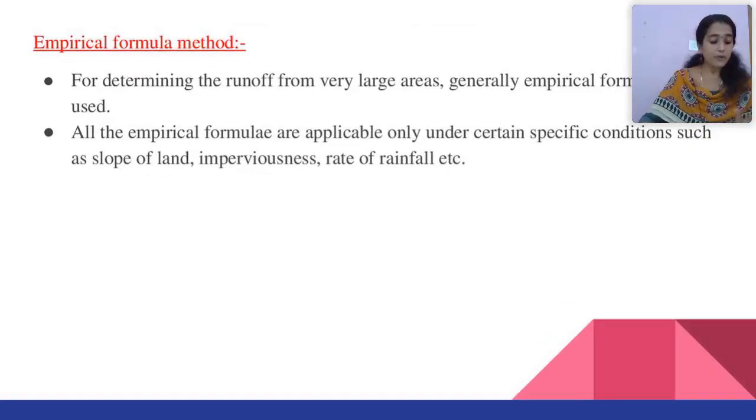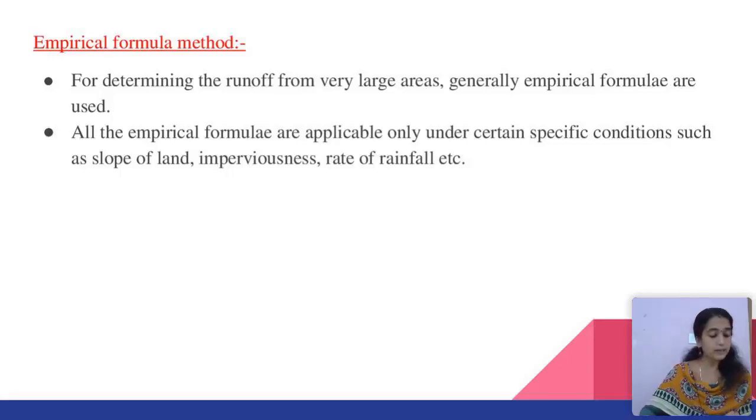Then the empirical formula method. This is the second method for calculating the quantity of stormwater, for determining the runoff from very large areas. For the rational method, it is for up to 50 hectares, and if the area is more than that, we can accept the empirical formula method for calculating the quantity of stormwater.